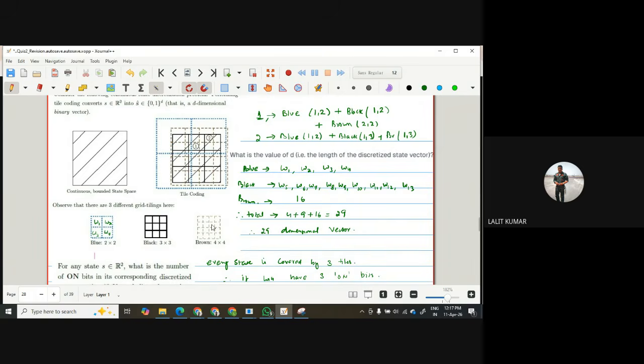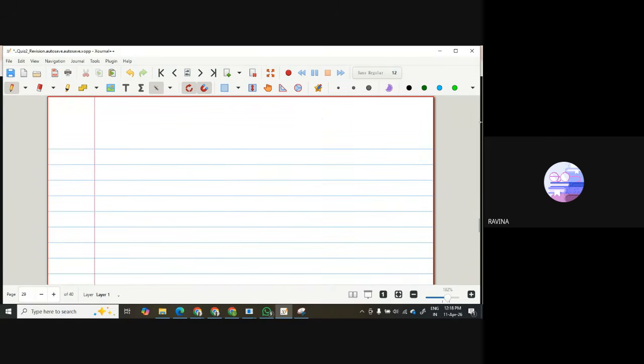Brown will have 16 weights. So the total encoding I have to do is 16 plus 9 plus 4. Is that understood, Ravina? No, sir. Why haven't we taken the max of it? The brown tile should be taken, I think. Why are we summing it up, sir? No, it is not summing.